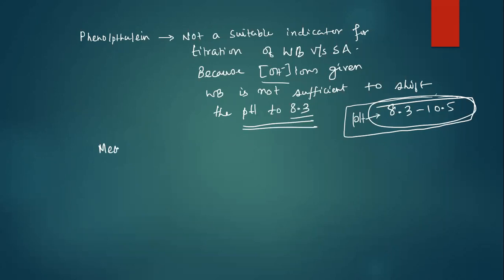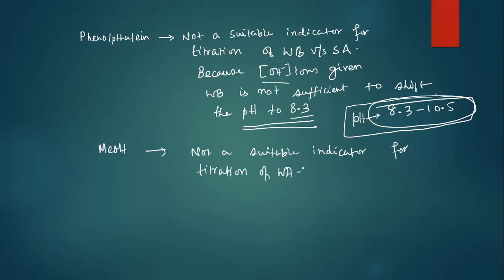Similarly, methyl orange is not a suitable indicator for titration of weak acid plus strong base. Why?